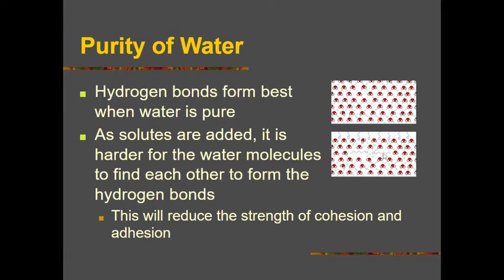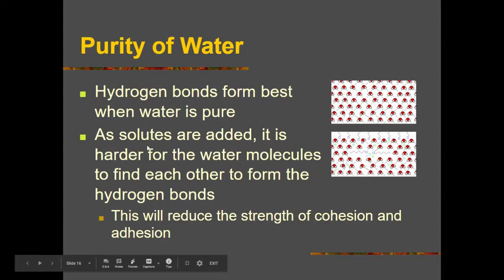But as soon as we add in impurities, like if we were to add salt to the water or soap to the water, now the water is not as pure, and those soap or salt molecules are getting in the way of those water molecules forming those hydrogen bonds. And so the more impure the water, the less sticky the water becomes.